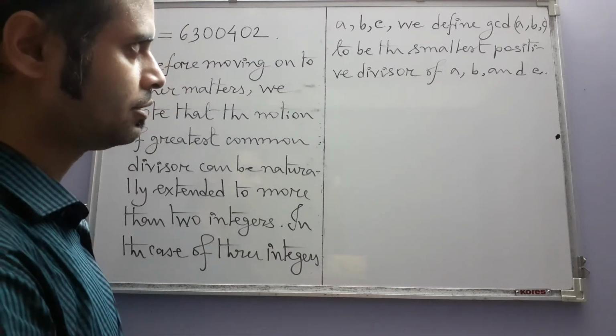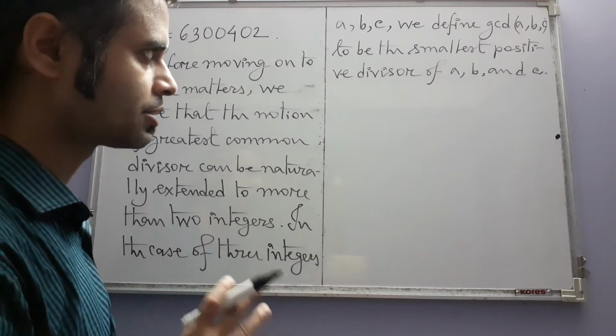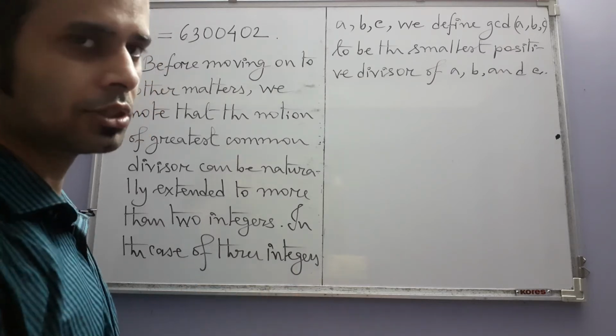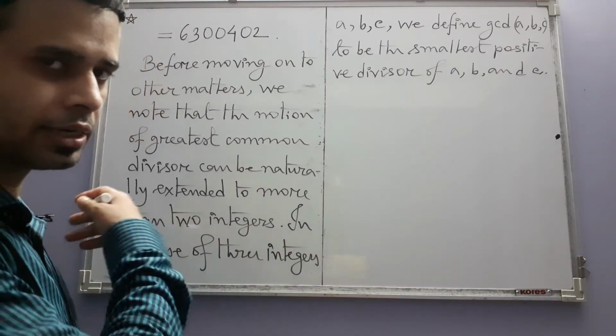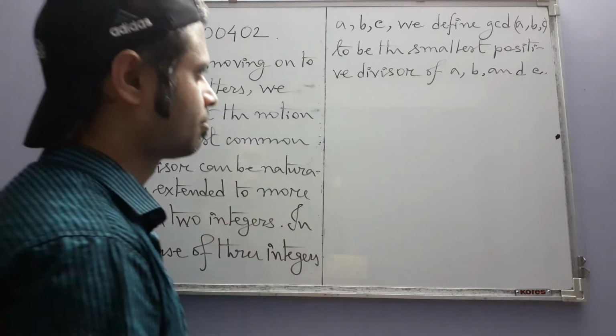In fact, we don't need to consider positivity of the other common divisors because the negatives will anyway lie on that side.